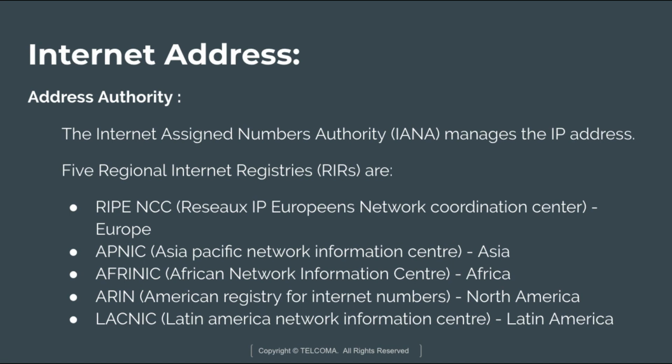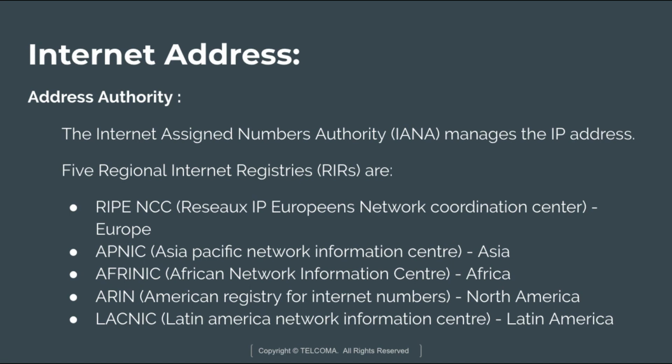So here let's discuss how these authorities work. If a device wants to connect to the internet, then that device will request IP addresses from the ISP, the Internet Service Provider. The ISP gets a range of IP addresses from the different RIRs according to the location of the devices.